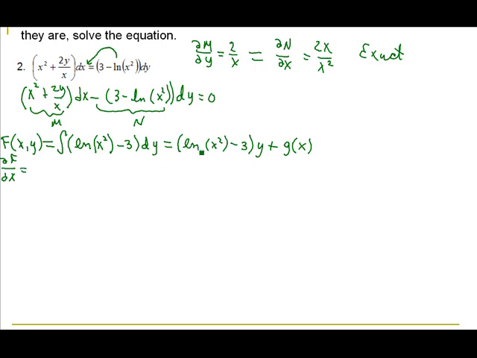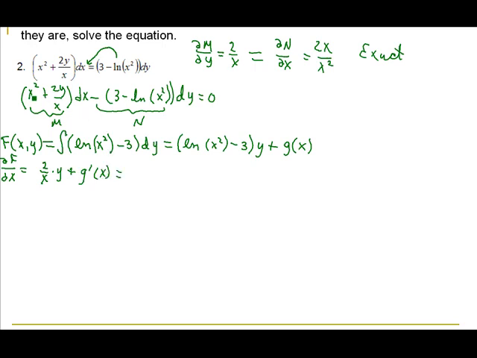And partial derivative of f with respect to x, here you want to take your derivative, and when I take the derivative of this inside the parenthesis, I'm going to get derivative of natural log of x squared, we did up here, gives you 2x over x squared, which reduces to give you 2 over x, minus the derivative of 3 with respect to x is 0. This gets multiplied by y, plus the derivative of g, plus g prime of x.